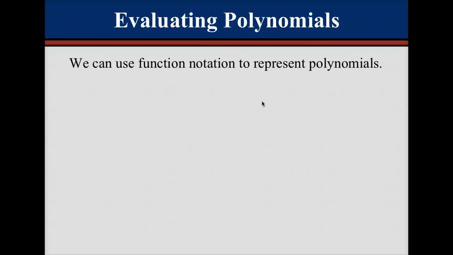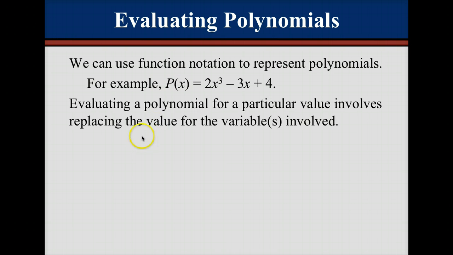We can use function notation to represent polynomials. Remember, for example, p of x is equal to 2x cubed minus 3x plus 4. Remember, this does not mean p times x. Evaluating a polynomial for a particular value involves replacing the value for the variable involved.